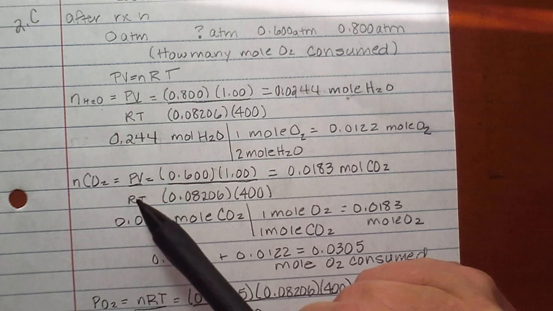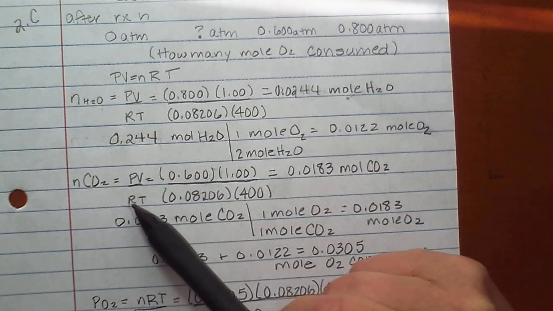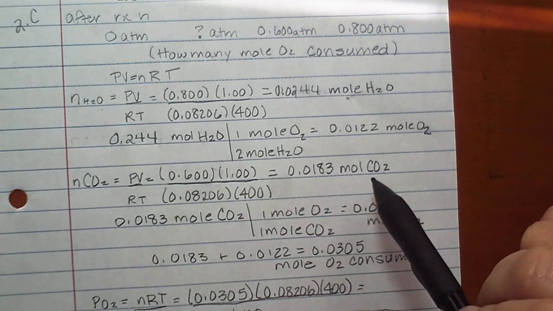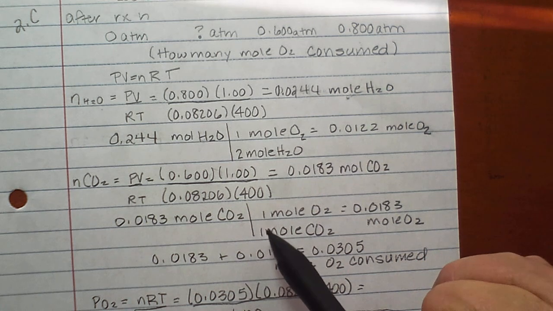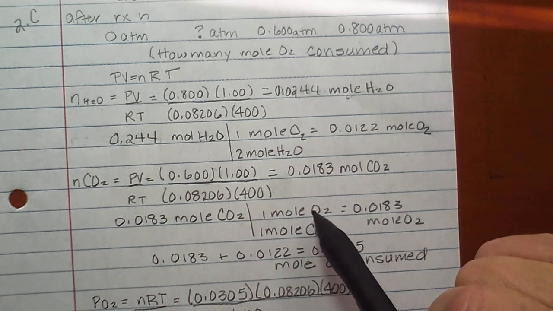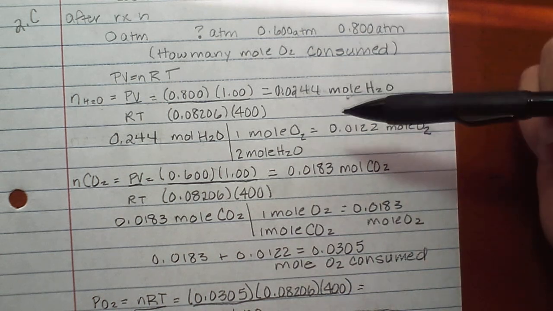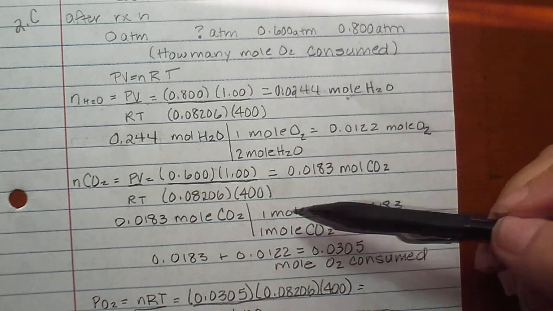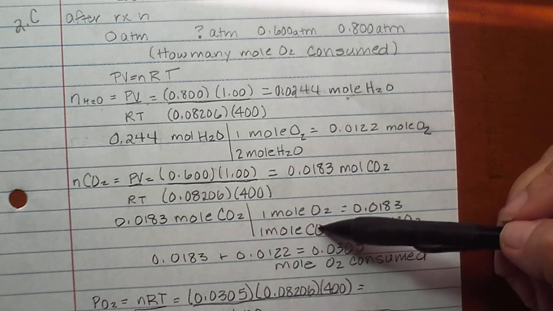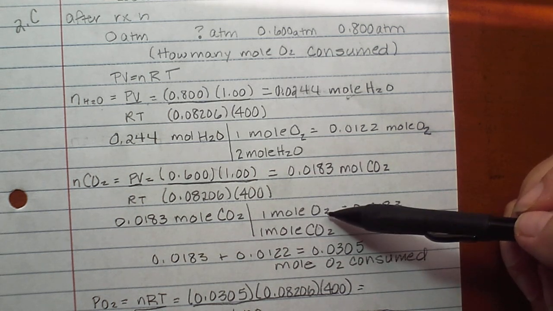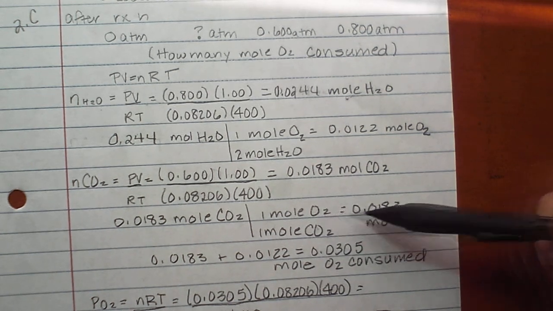Then I took the pressure of the CO2, I plugged it in, and I found out how many moles of CO2 that is. Then, using stoichiometry, I found out how many moles of O2 it would take to make that much CO2. So imagine if I was just making, in a totally different reaction, that many moles of CO2, what would my stoichiometry be on the reactant side to make that many moles of CO2?